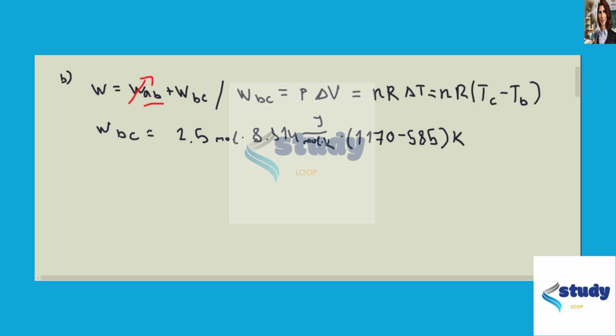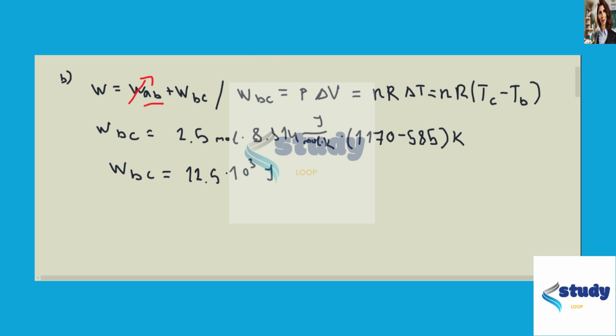And by doing this, we obtain that the value for the BC work is 11.5 times 10 to the third joules, or just 11.5 kilojoules. Actually, this would be 12.5 times 10 to the third.